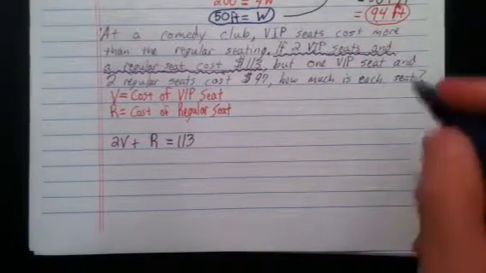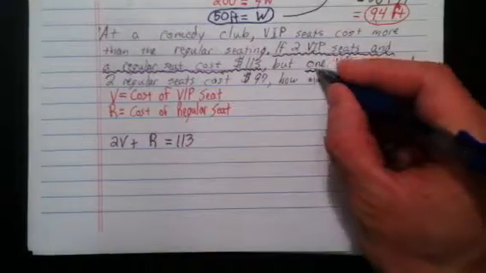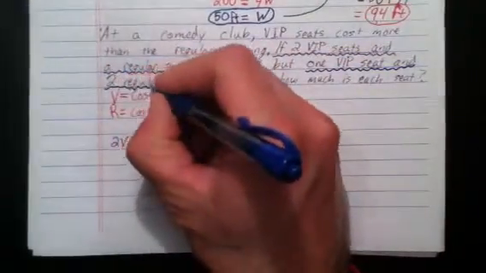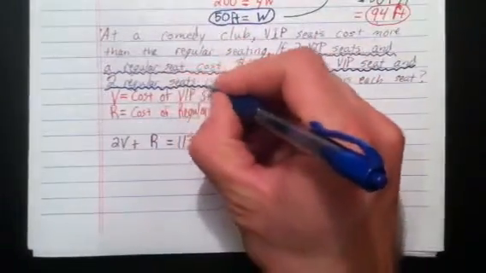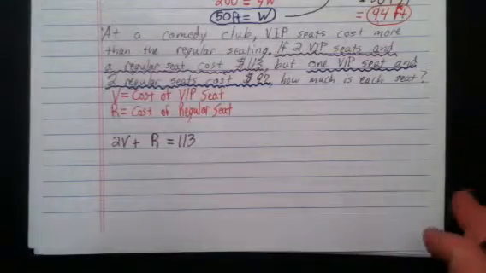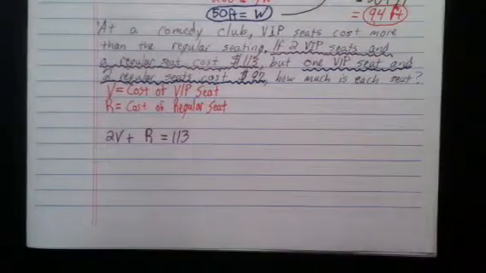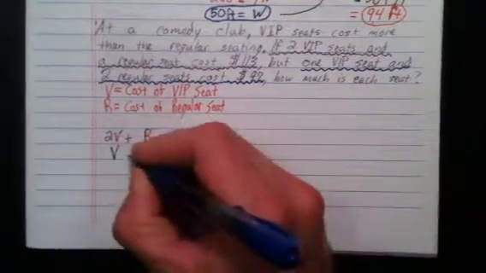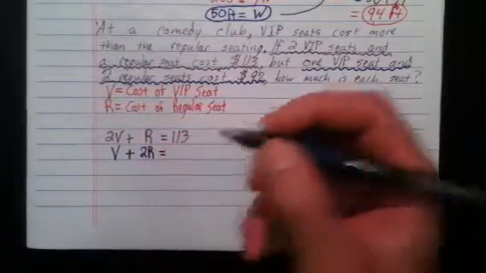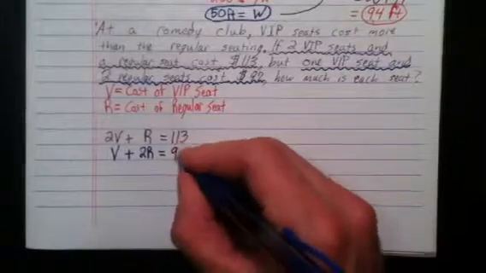Okay. And then one VIP seat plus two regular seats, that only cost $97. So from that we can set up the formula: a single VIP seat plus two regular seats, that's going to equal a total of $97.